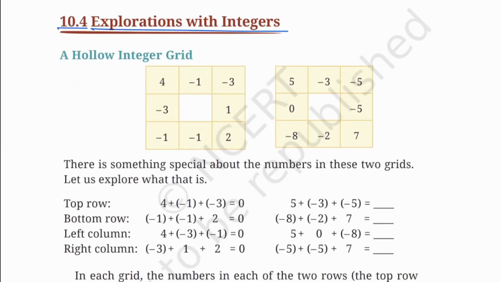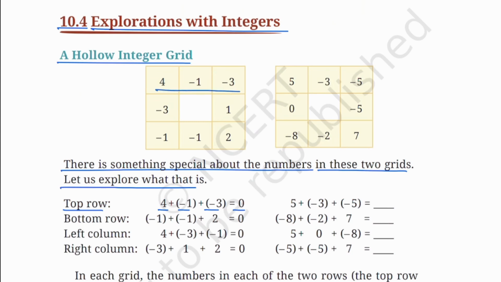10.4 Explorations with integers. A hollow integer grid. You can see two grids are given here. There is something special about the numbers in these two grids. Let us explore what that is. Top row of the first grid, 4 plus minus 1 plus minus 3 is equal to 0.